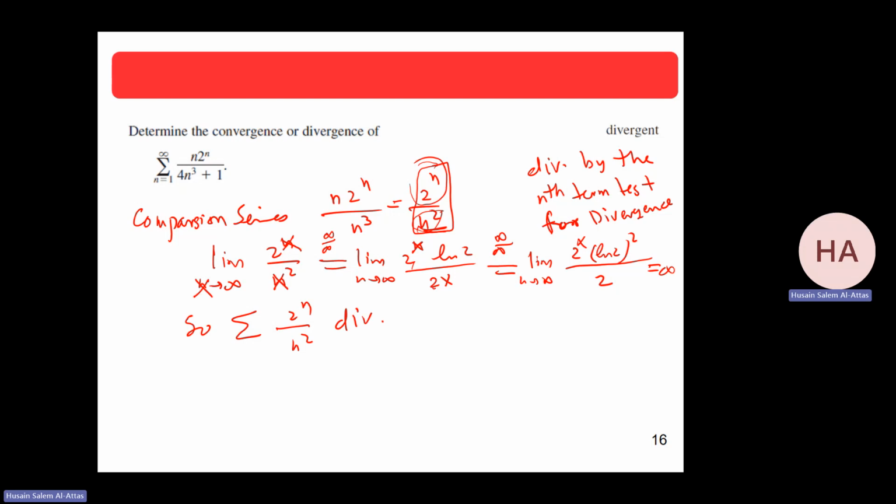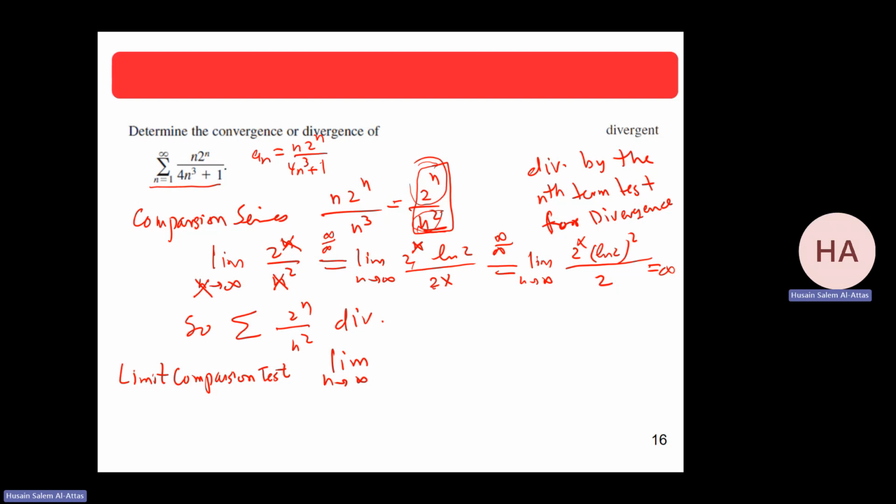Okay. So now I will check the limit comparison test. I'll check the limit as n goes to infinity. This is my a_n. a_n is n 2 to the power n over 4 n cubed plus 1.